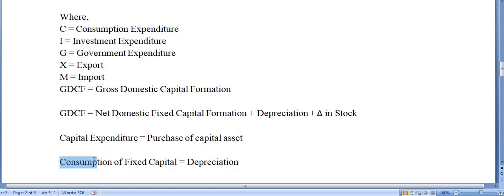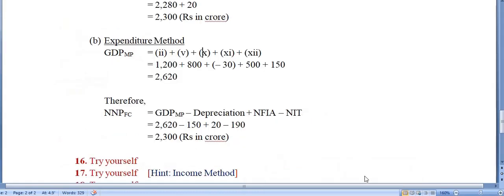See, everything was already provided in the video. If you have watched the video properly and understood the formula, you will be able to understand. Now, this is net domestic capital formation plus depreciation. But what if the value was given as gross domestic capital formation? Should we include depreciation again?